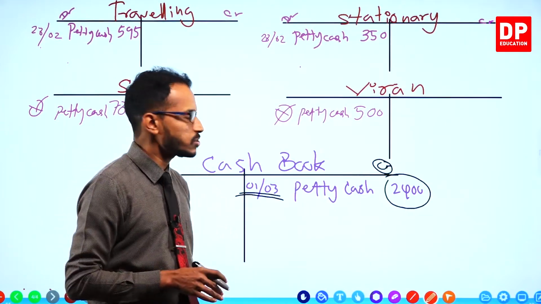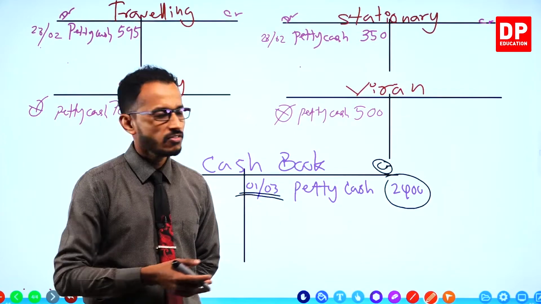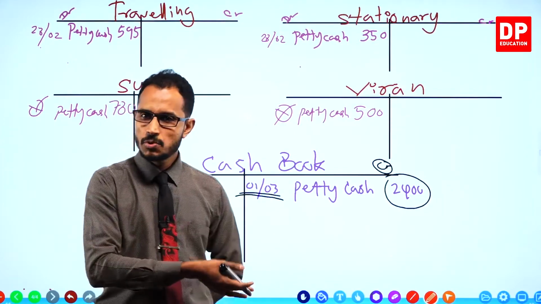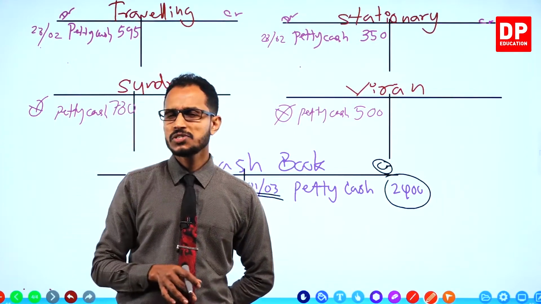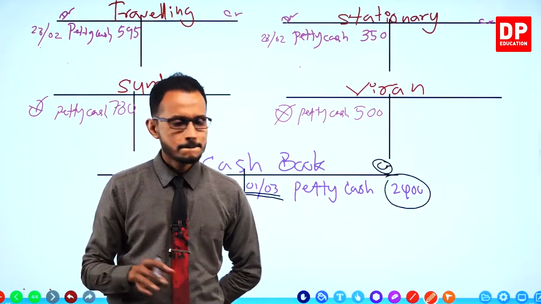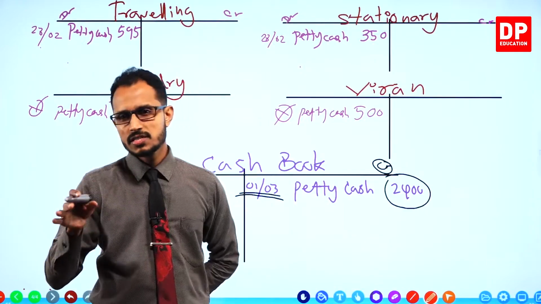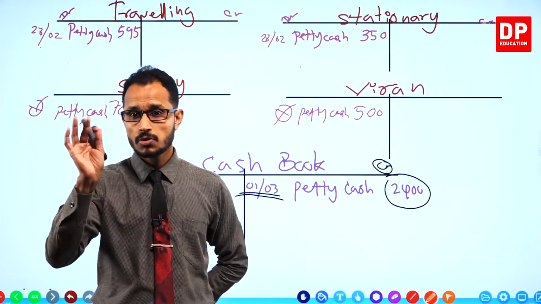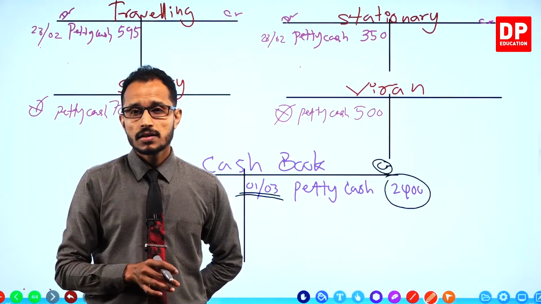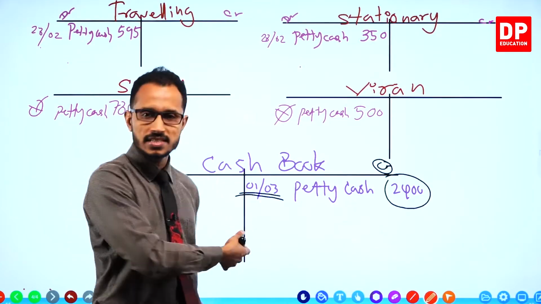Most of the past papers do not have an entire petty cash book as a question in the structured paper. In the second paper, you must have noticed that there is no full petty cash book to prepare in recent years.